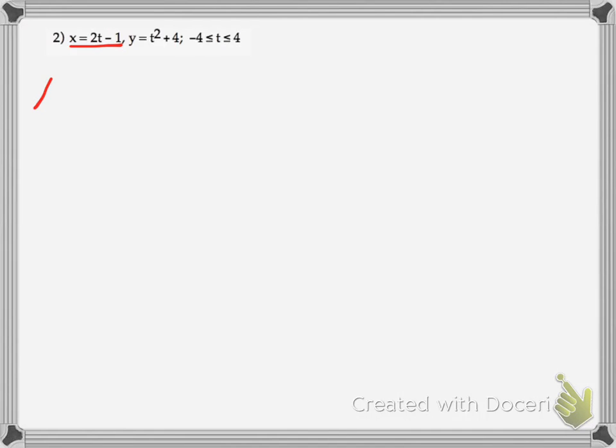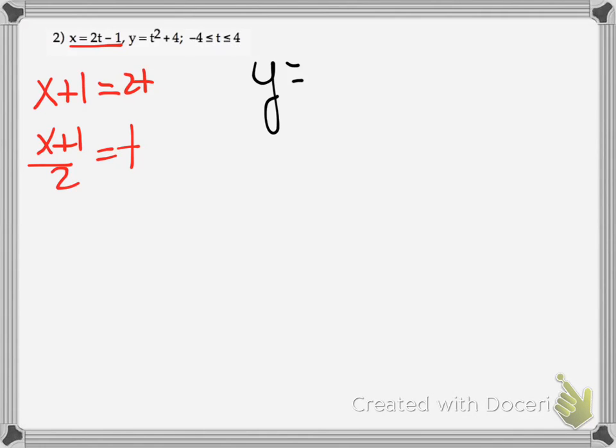Add 1 to both sides, you get x plus 1 equals 2t. Divide both sides by 2, you get (x plus 1) over 2 equals t. So you are going to go y equals (x plus 1 over 2) squared plus 4.